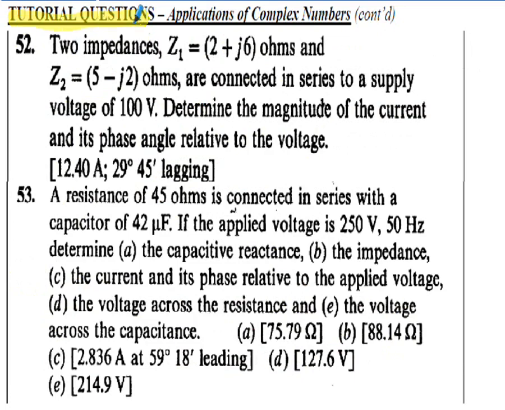Tutorial questions continued. Question 52. We're given two impedances denoted as Z1 and Z2. They are connected in series and a supply voltage of 100 volts is stated. We're asked to determine the magnitude of the current and its phase angle relative to the voltage.